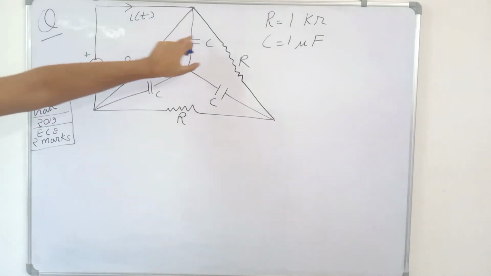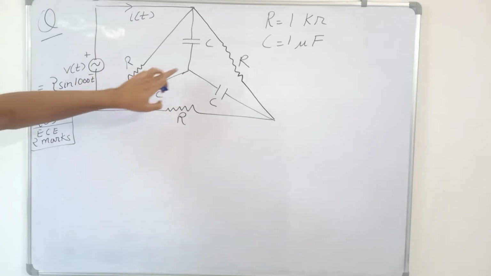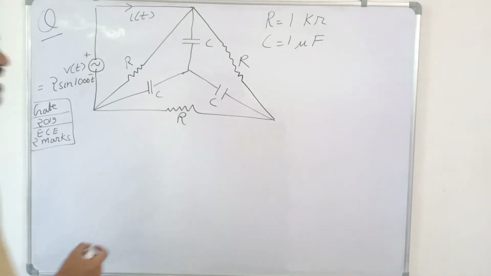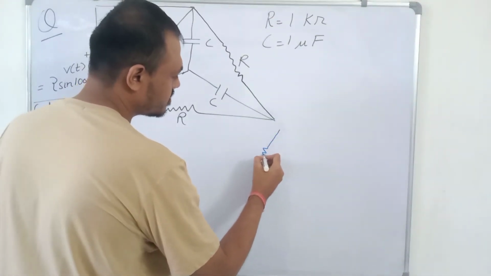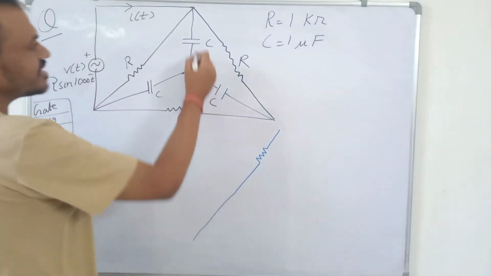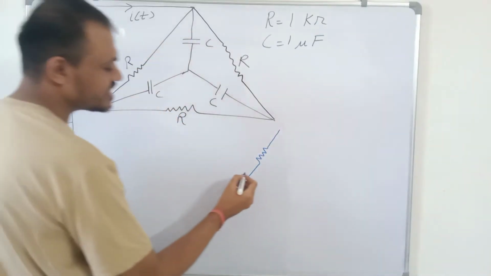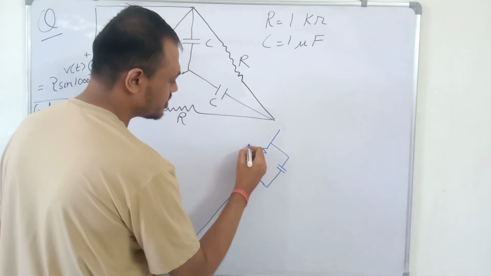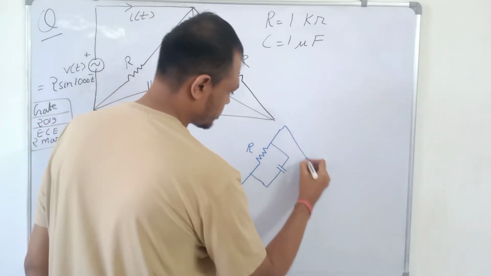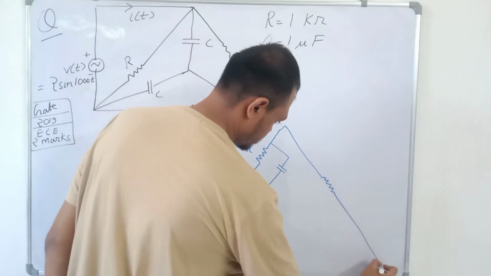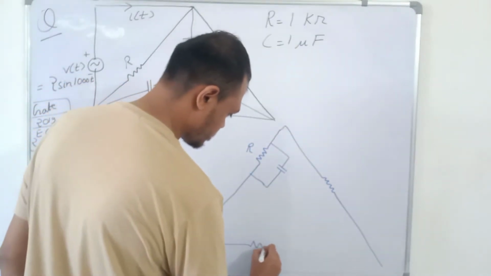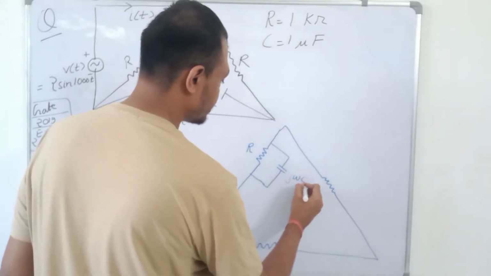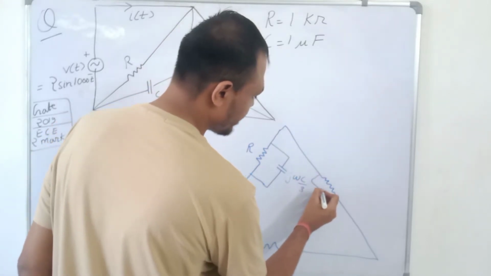If we convert this star network to delta, then the individual capacitors will appear in parallel across the resistors. So when we convert it into delta, this capacitor will appear in parallel across this R, and its value will be j omega C by 3, and this will also be j omega C by 3.